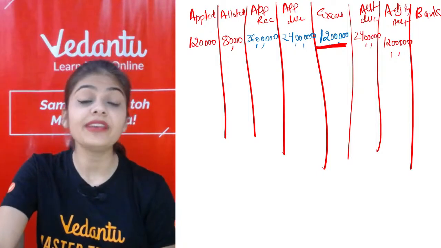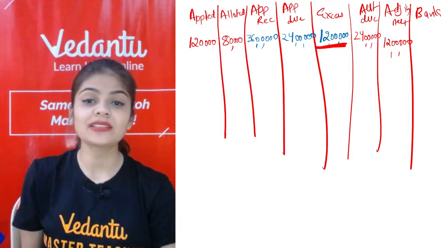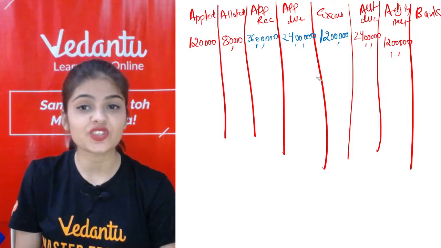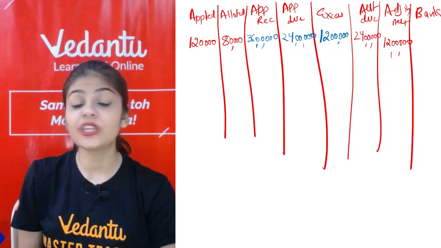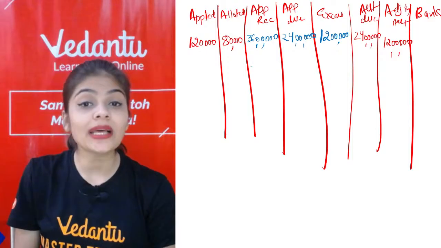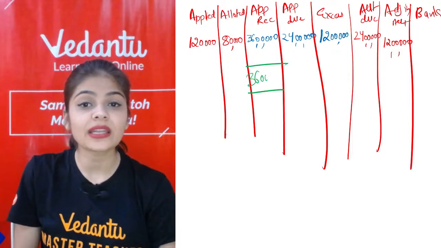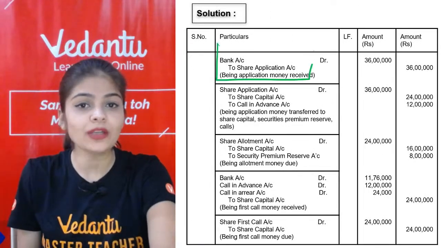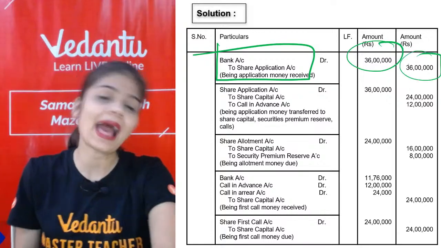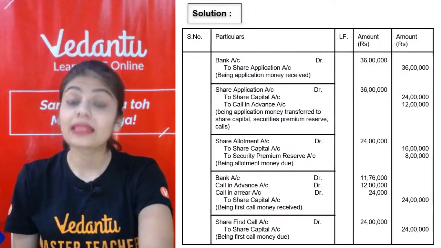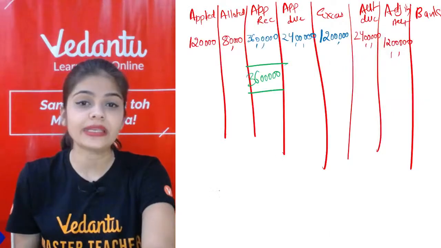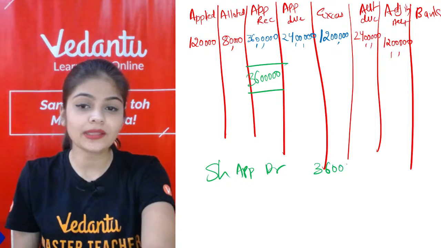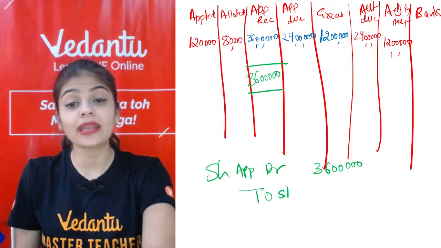Now after this we will pass the journal entries. The first entry will be bank account debit to equity share application account. The total application money received is 36 lakh. So bank to share application, 36 lakh and 36 lakh. Then we will pass the next journal entry. Share application debit, total application money 36 lakh, to share capital.